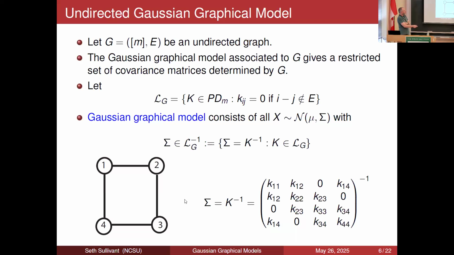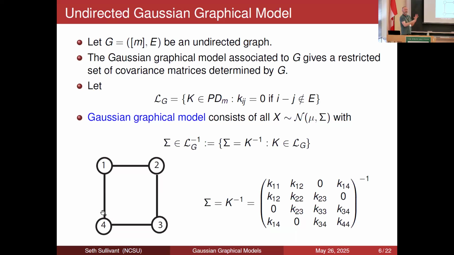Okay, so as an example, if I have this graph on 4 vertices, this 4 cycle, the matrices that I'm looking at here will have zeros in the 1, 3 and the 2, 4 position because there's no edge from 1 to 3, and there's no edge from 2 to 4.